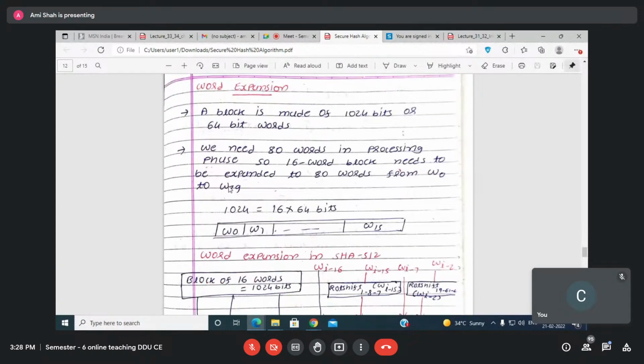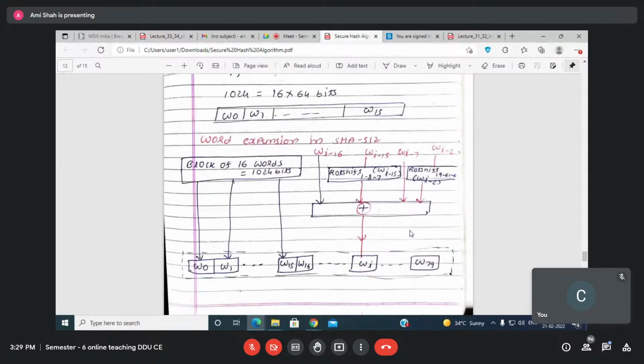Now see here, all of you know that a particular block is made of 1024 bits, with words of 64 bits. But how many words do we require, as I already told you? We need 80 words in the processing phase, so the 16-word block needs to be expanded to 80 words, from W0 to W79. So what is the word expansion in SHA 512?